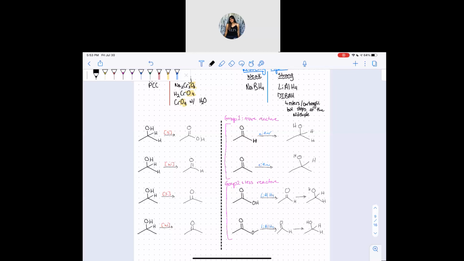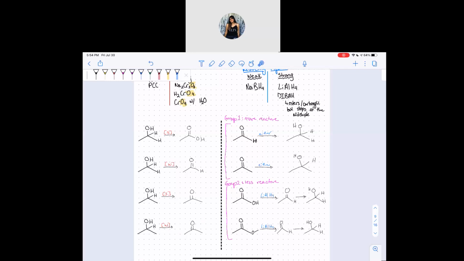But it's something along the lines of primary alcohol plus strong equals carboxylic acid. Primary alcohol plus weak equals aldehyde. Secondary alcohol plus strong equals ketone. Secondary alcohol plus weak equals ketone.